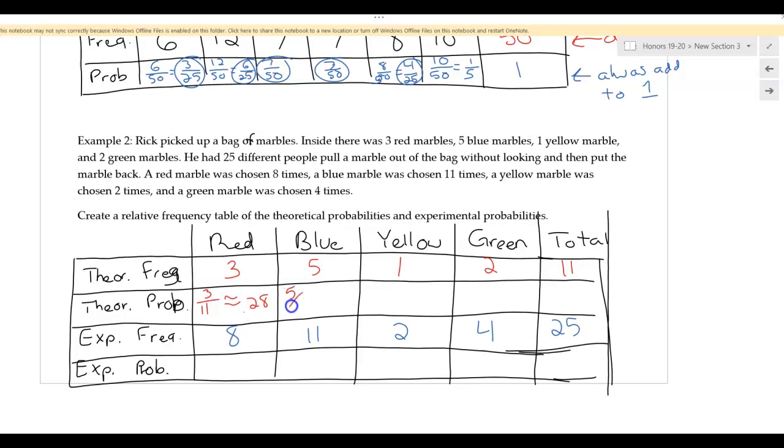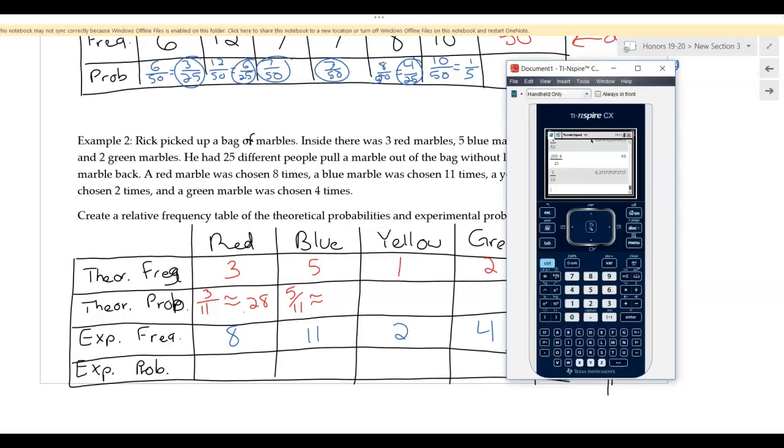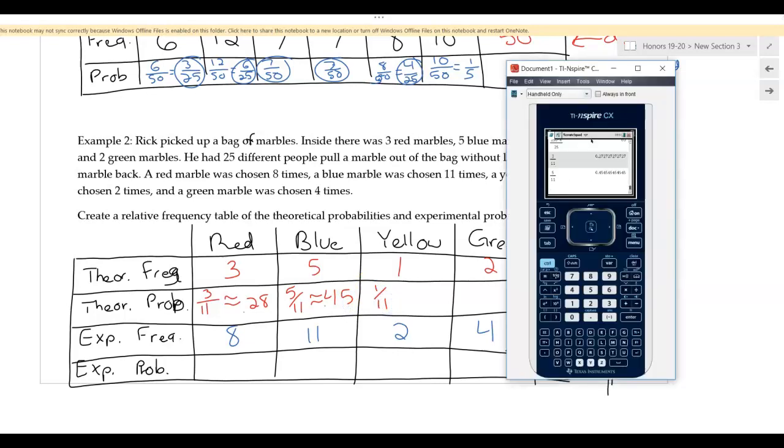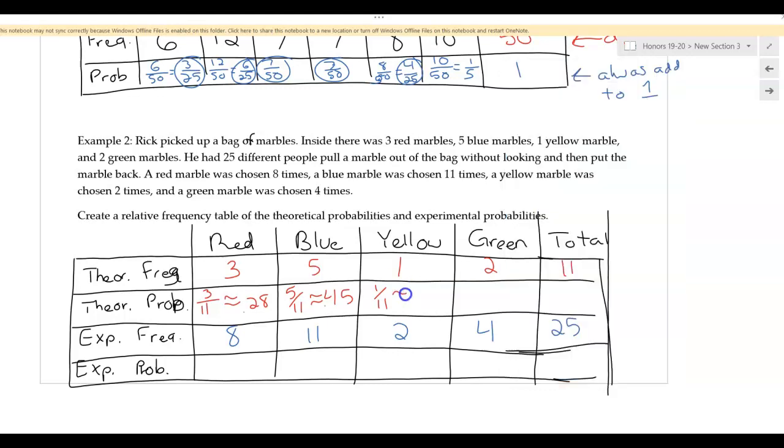Blue is 5 out of 11, which we get about 0.45. 1 out of 11 is about 0.10.